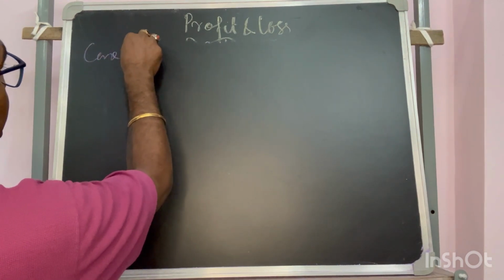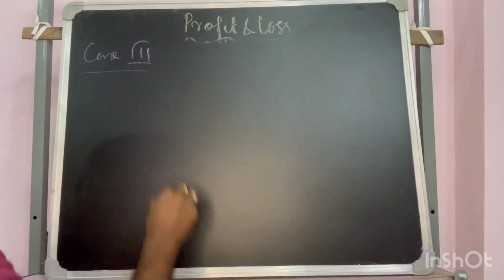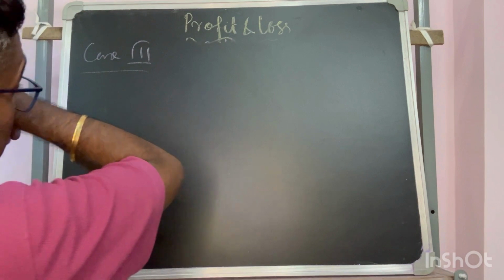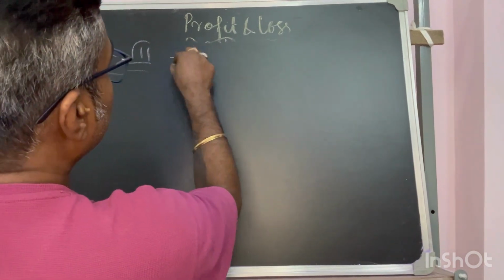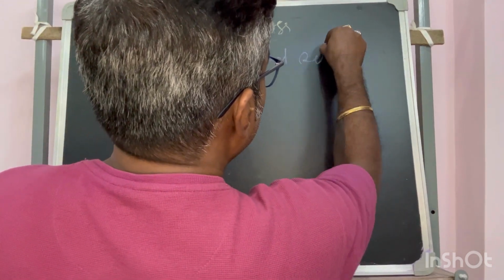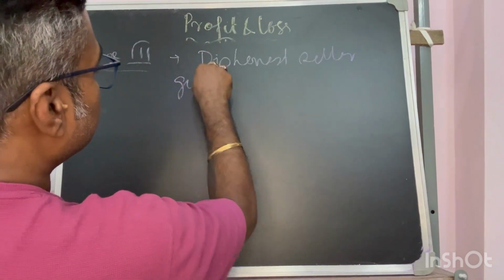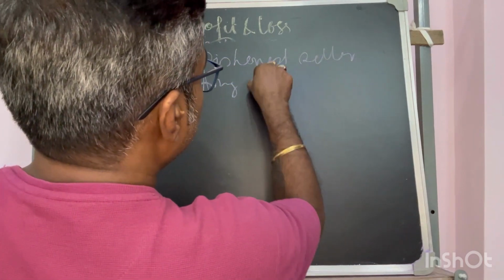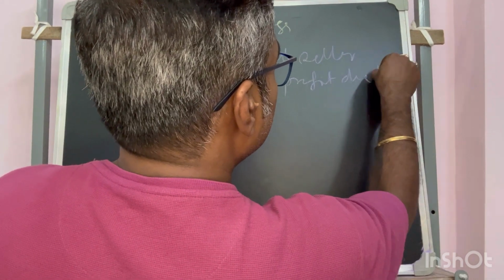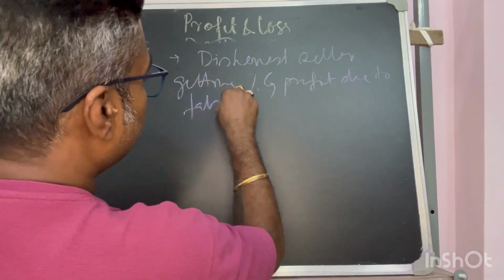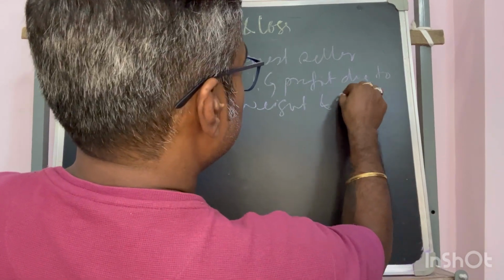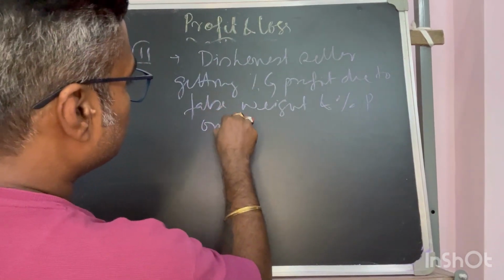This is case 3, where I have calculated this with the analytic method. This has an easy method too, when the same dishonest seller is getting percentage G profit due to false weight and percentage profit on cost price.